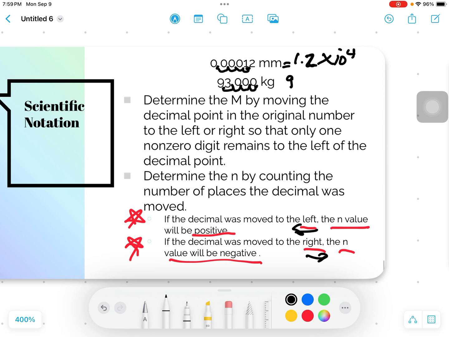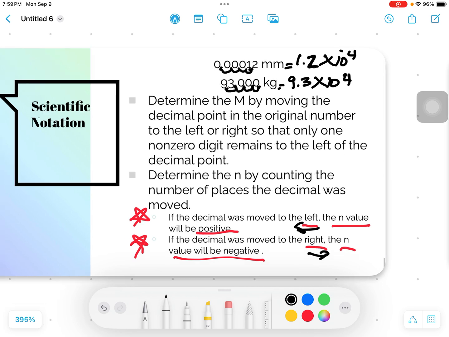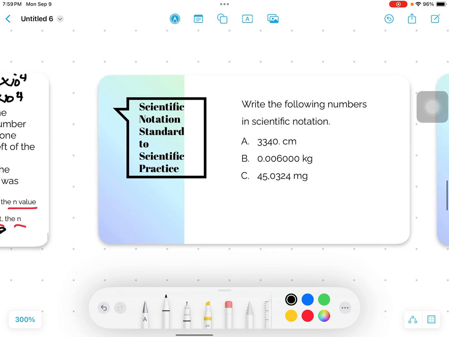So we have 9.3 times 10, and we moved it 1, 2, 3, 4 places to the left, and so it's going to stay a positive exponent. So let's go do a couple more examples.